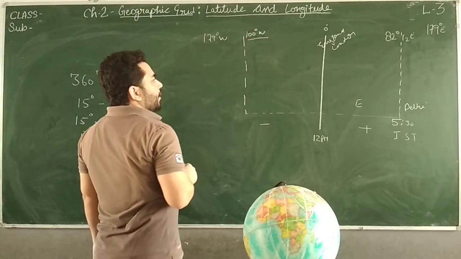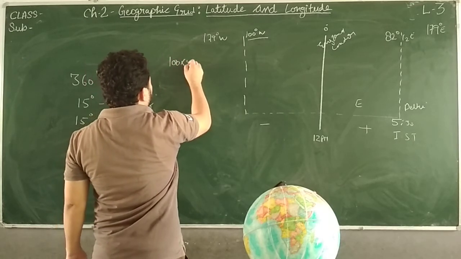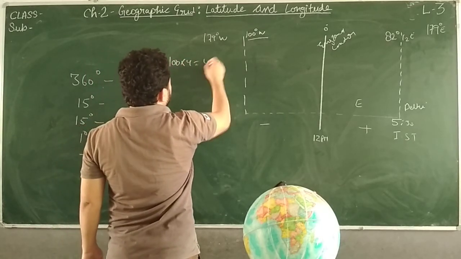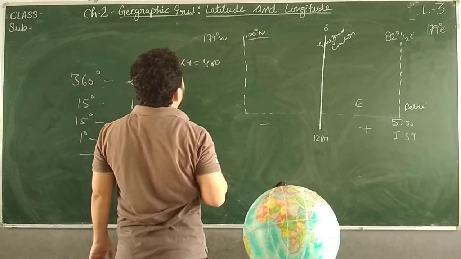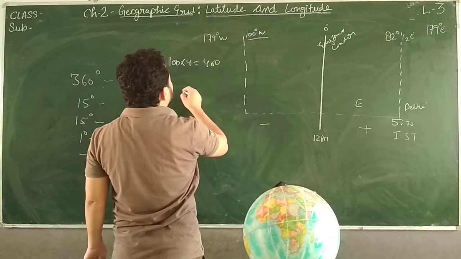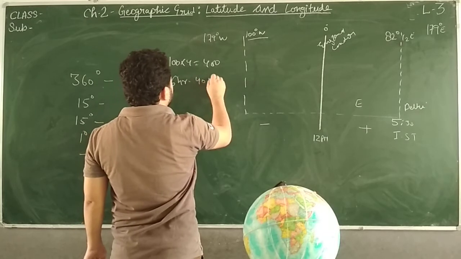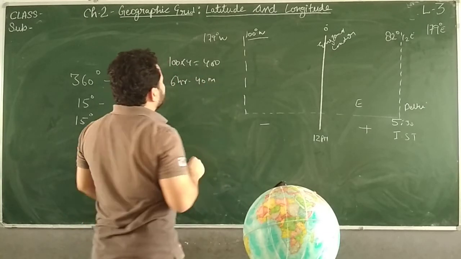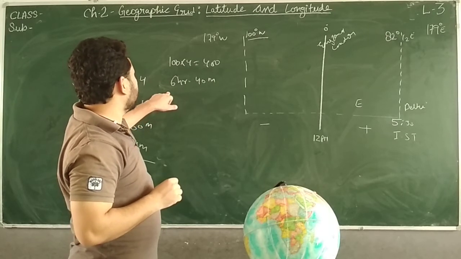So it will be 100 into 4, which means 400 minutes. 400 minutes means 6 hours and 40 minutes. When you change 400 minutes into hours, you get 6 hours and 40 minutes.